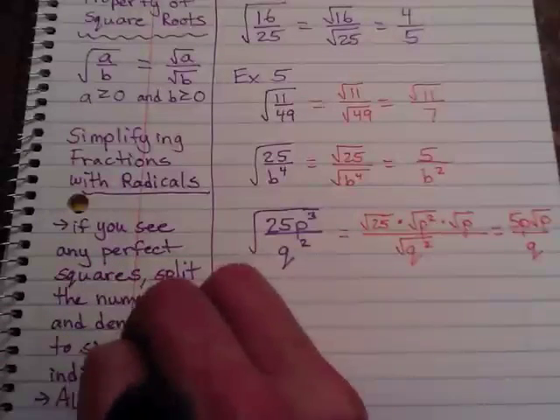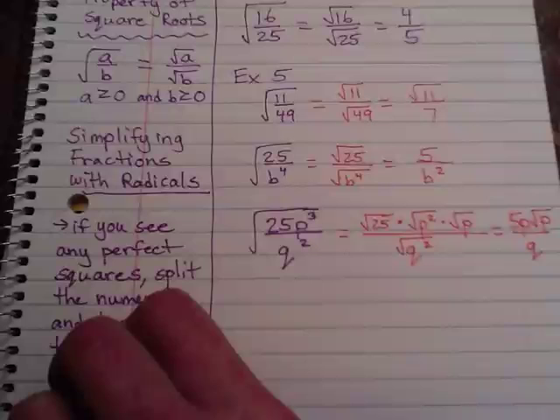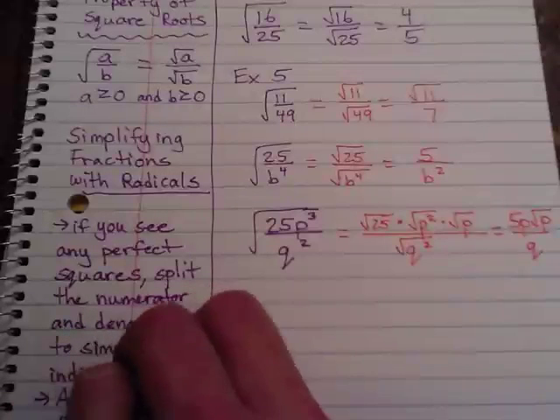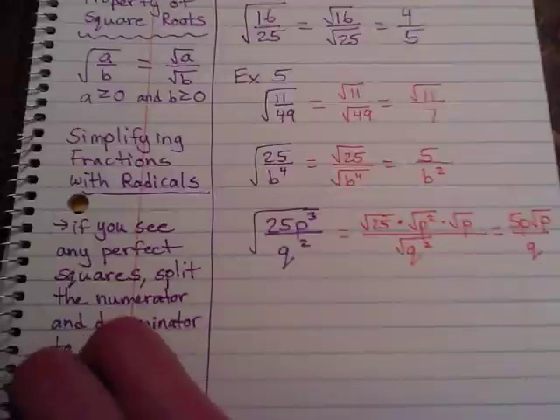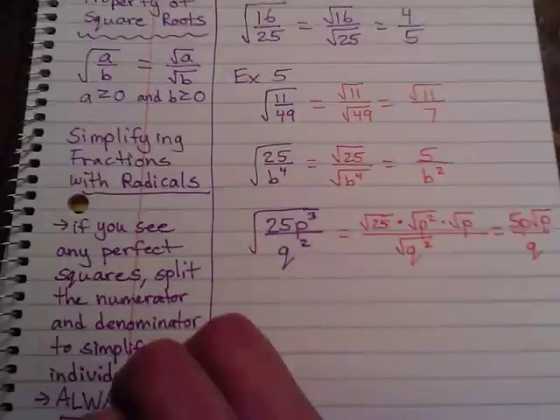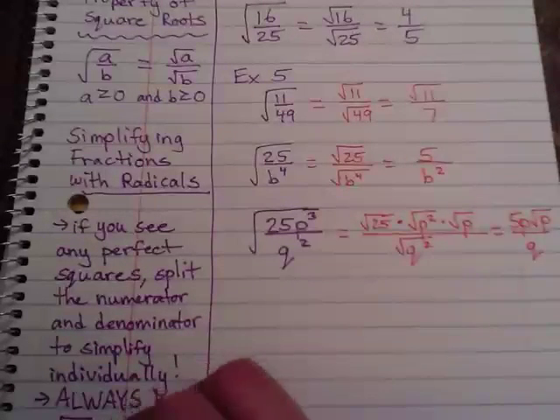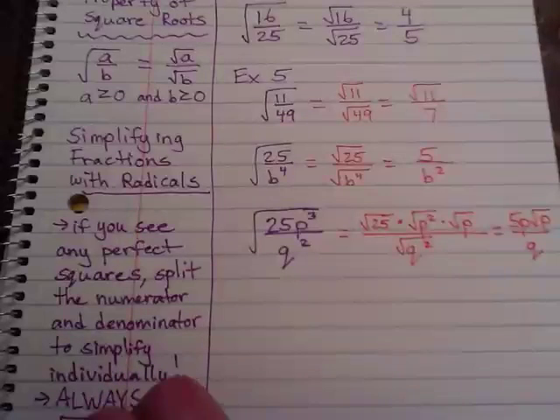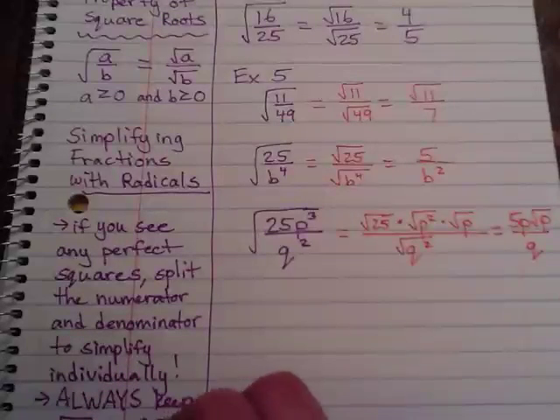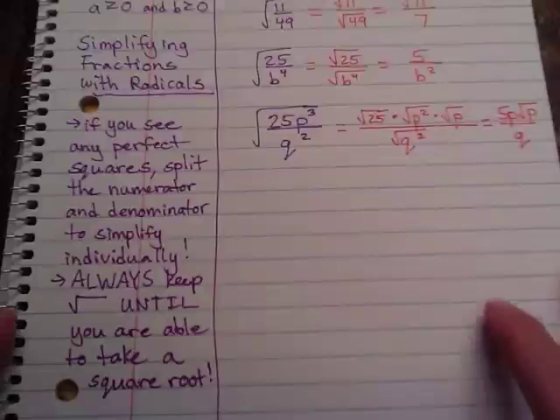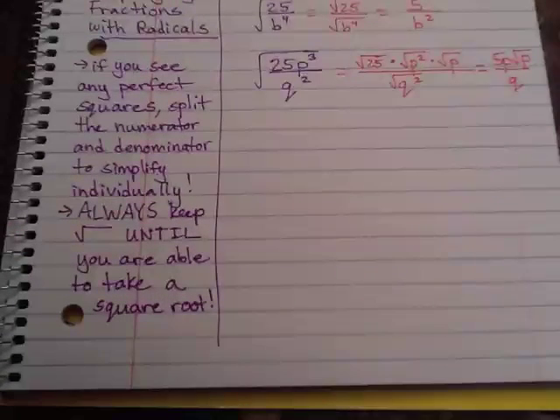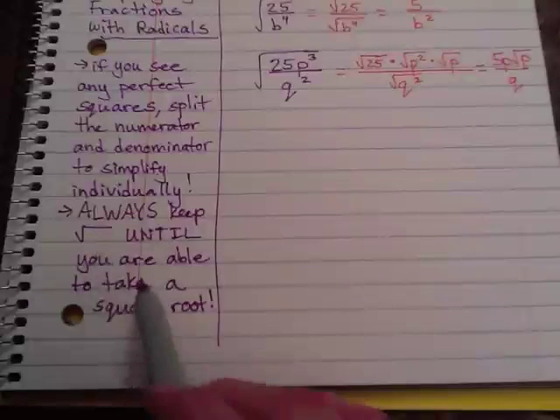Always keep the square root until you are able to take a square root. So just make sure you're not accidentally dropping those square roots before you take a square root.